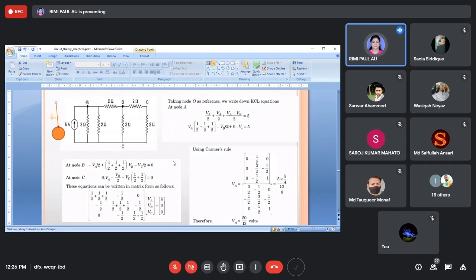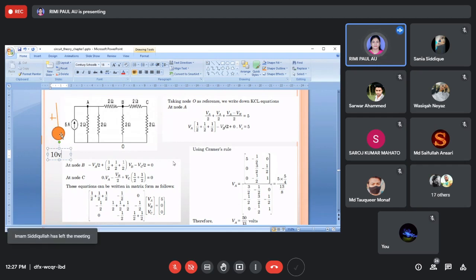I cannot draw the resistance, so just consider that when I convert a current source into a voltage source, this will be 5 into 2, 10 volt. You write 10 volt here, and since the current is flowing upward, from minus to plus, this would be plus and this would be minus. The supply is 10 volt with a series resistance of 2 ohm.